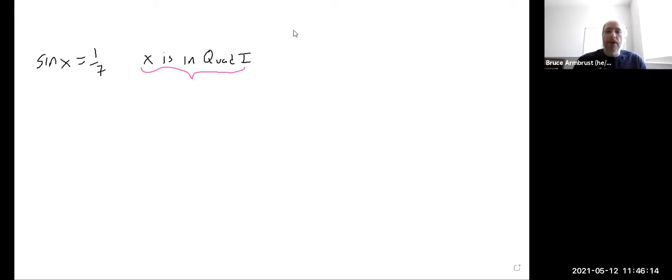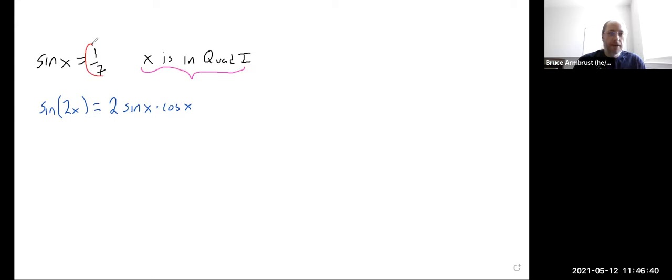All right, so here's what we want. Let's just start with sine of 2x. We're going to use the identity for sine of 2x, which we developed a couple days ago: the sine of 2x is equal to 2 sine x times cosine x.